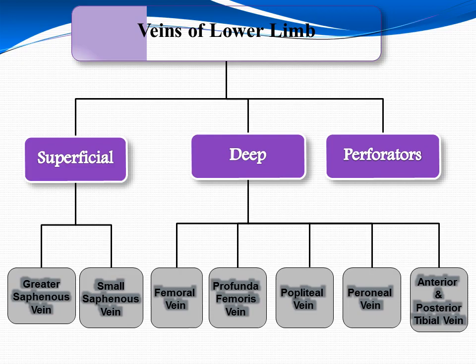Once you reflect the skin of the lower limb, you come across the superficial fascia, and within it you have the superficial veins, essentially the great saphenous vein and the small or short saphenous vein.